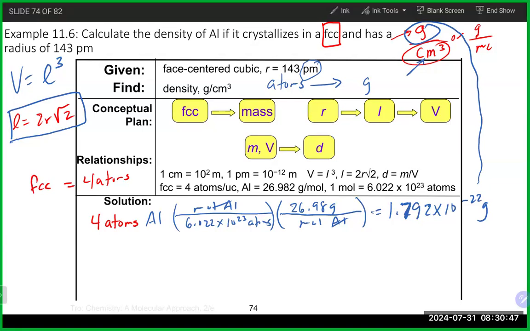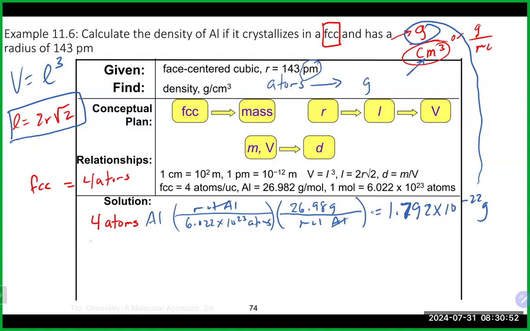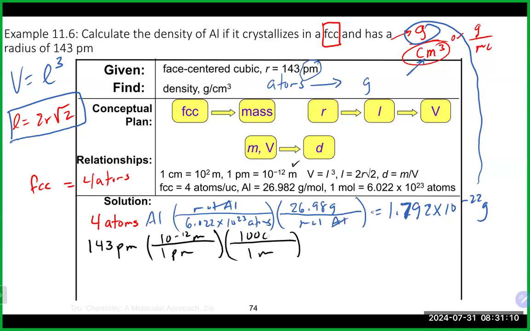I'm going to take the radius, which was given to me, and I'm going to convert it into centimeters. So 143 picometers, as was given here. I believe they gave it right there. In 1 picometer, there are 10 to the minus 12 meters. And obviously in 1 meter, there's 100 centimeters, right?